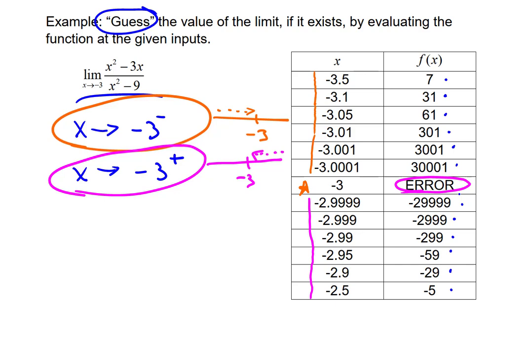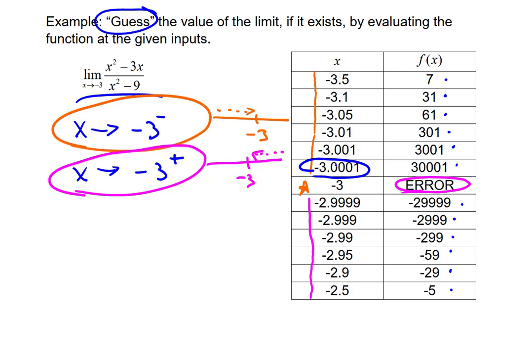And as we get close to our input target of -3, remember the function's not defined there because of the error shown. As we approached -3 from the left, that was the first set of values, they were increasing pretty drastically. So let's just guess for a second that that would continue to happen even if I used more precision, right? The last input I used before I got to -3, approaching it from the left, was this -3.0001.